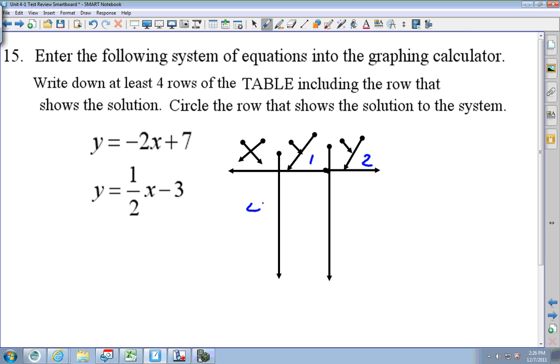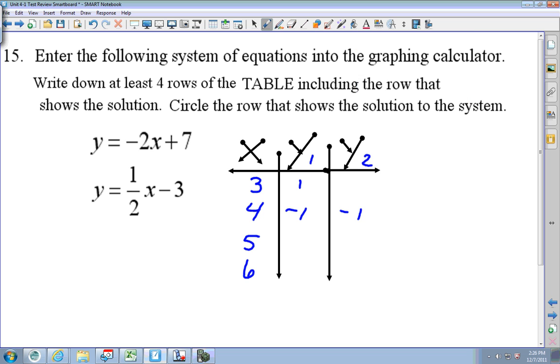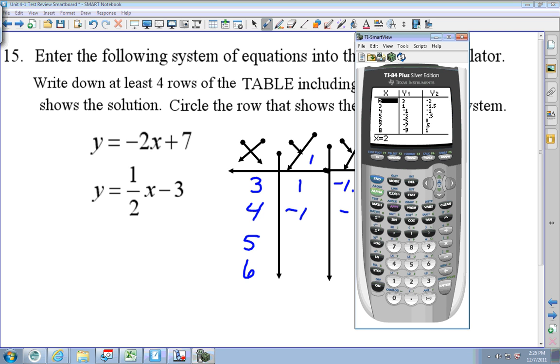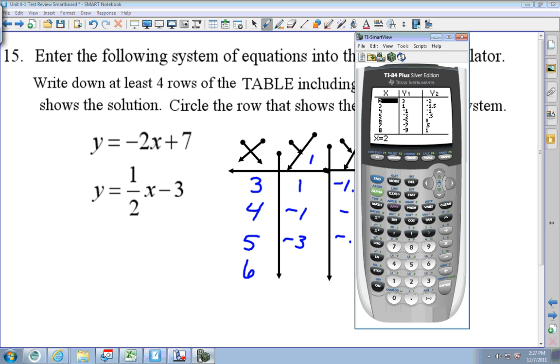Let's see, I've got 3, 4, 5, and 6. 3 is 1 and -1.5. And -3 and -0.5 was 6. -5 and 0.